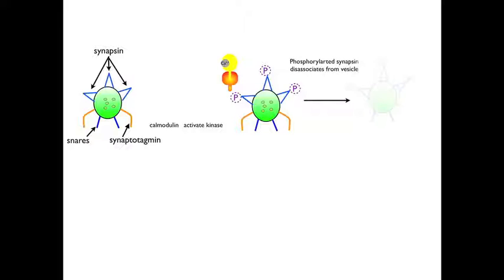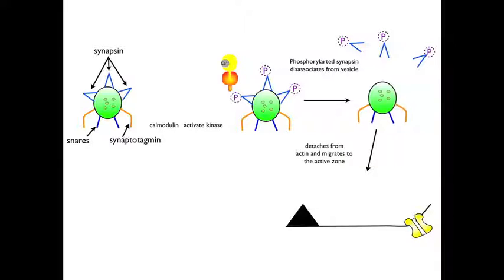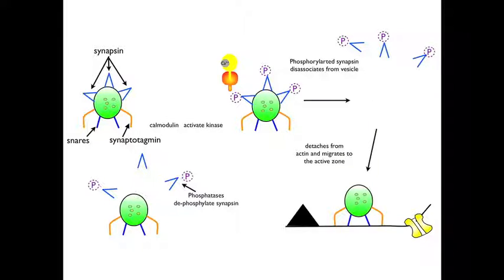Once the vesicle is free of synapsin, it migrates to the active zone, where it can dock and release transmitter. Subsequently, the phosphatases dephosphorylate synapsin, thereby allowing it again to bind to vesicles, which allows them to replenish the reserve pool.